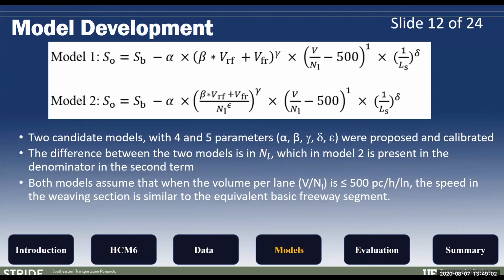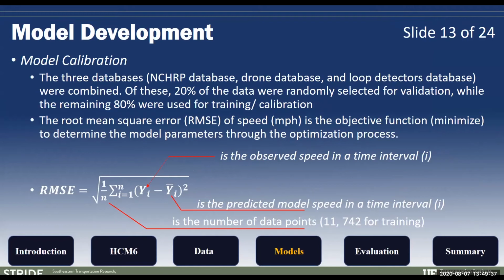The coefficients have to do with whether ramp to freeway volume has more of an impact on SIW, whether the number of lanes, NL, has an impact, whether the length of the segment, LS, has an impact, and of course this V minus 500 basically takes that term out altogether when you have a very low flow rate within the weaving segment. So in essence, this is the model that we tried to calibrate, and we ended up picking model number 2, and the reason we'll talk about in a minute.